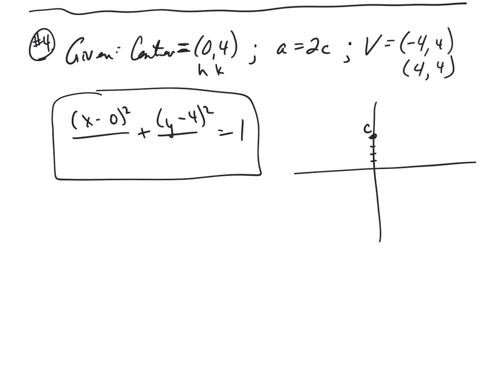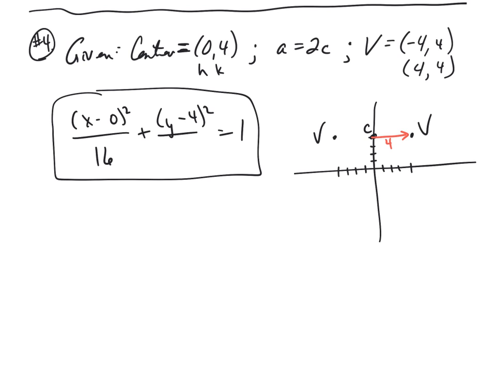Now, the other information, I'm going to skip the a equals 2c for 1 second. The other information is that the vertices are at negative 4, 4, and positive 4, 4. And what that shows us is that the distance from the center to the side of the ellipse is 4. Therefore, the number that goes under the x's is that distance squared, so 4 squared is 16.